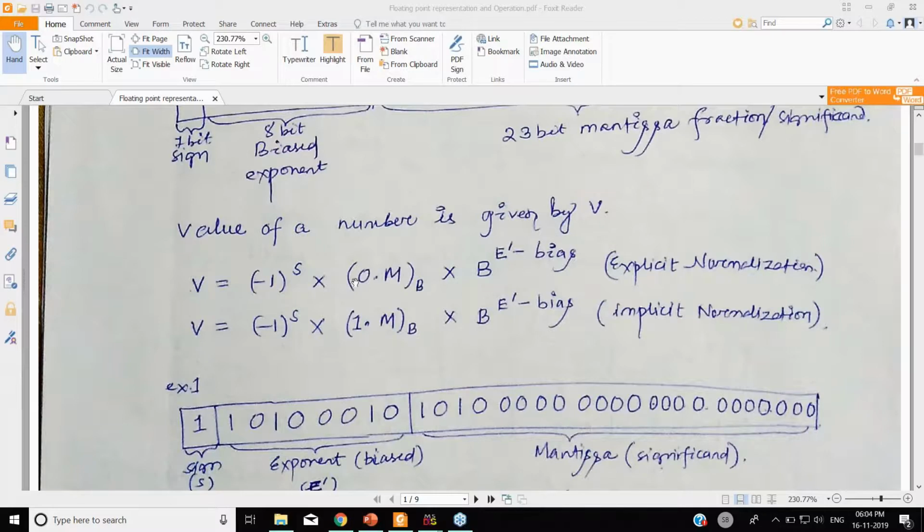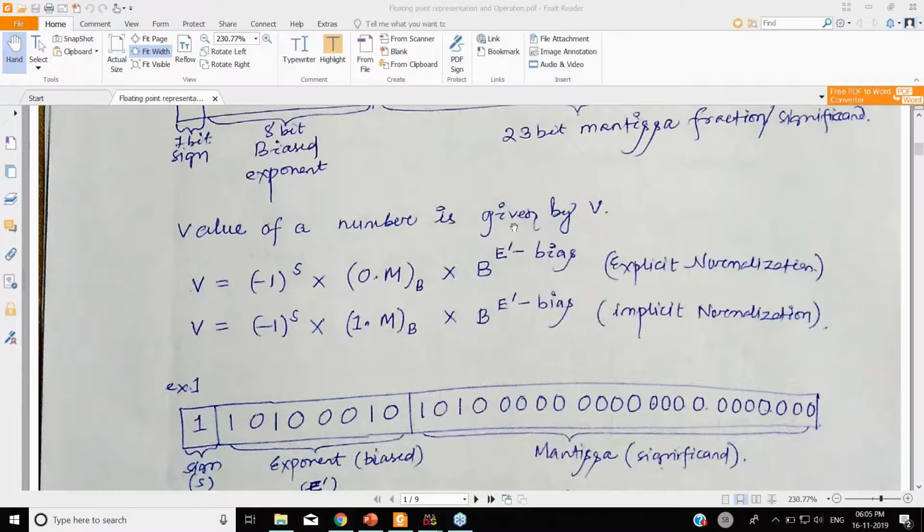We are not storing the other side of the point in the floating point representation. So if it is 0, that means we don't need to store it. And if it is 1, even though we are not storing this 1, we presume this 1 is there. So did you get the difference?